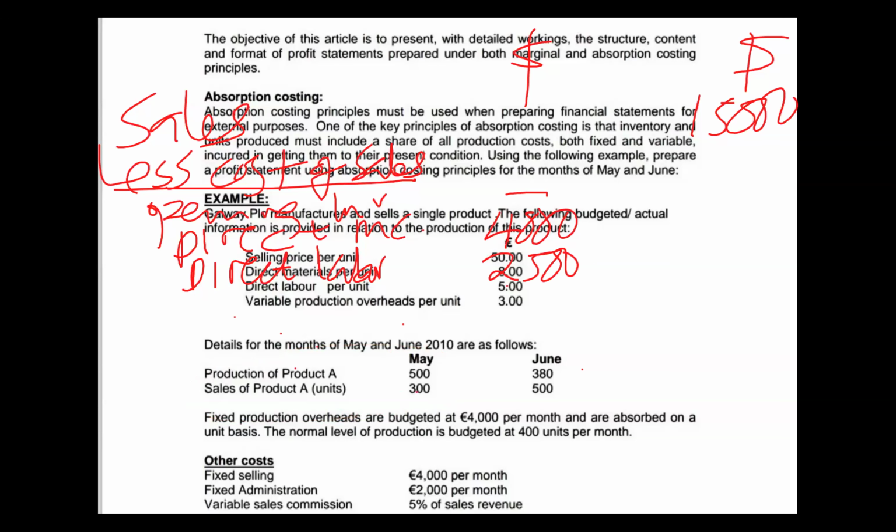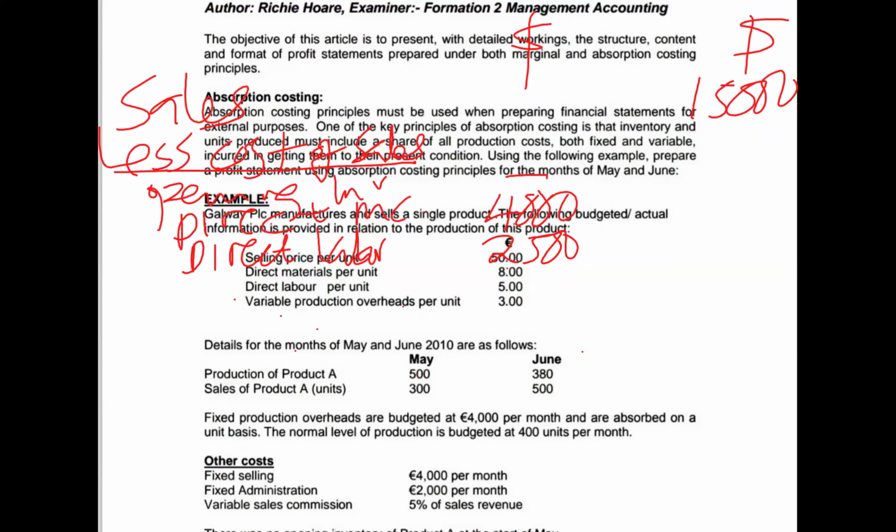Let's go to what comes next according to the format that the teacher has given you. What follows next? Do you still remember? Is it the variable production overhead? Exactly.